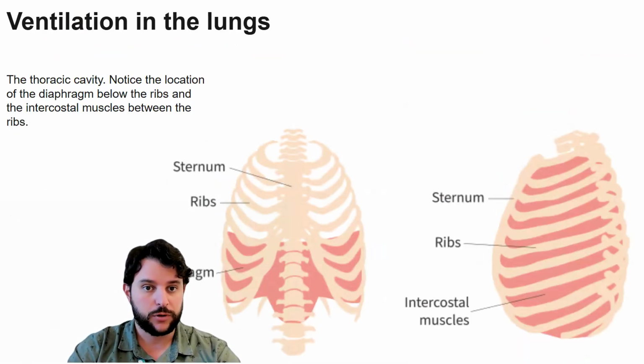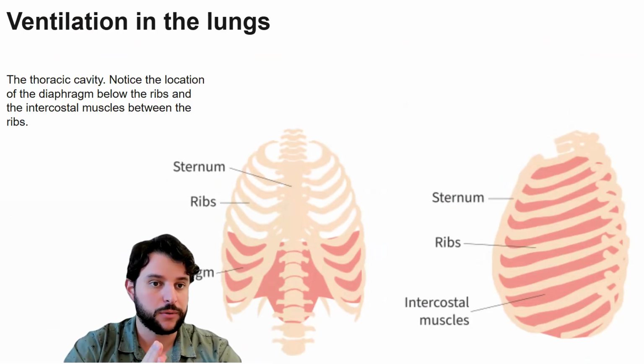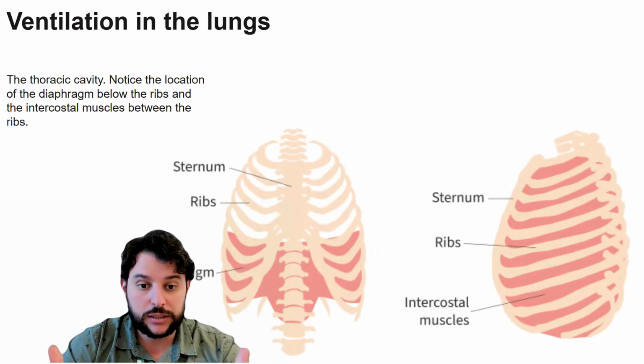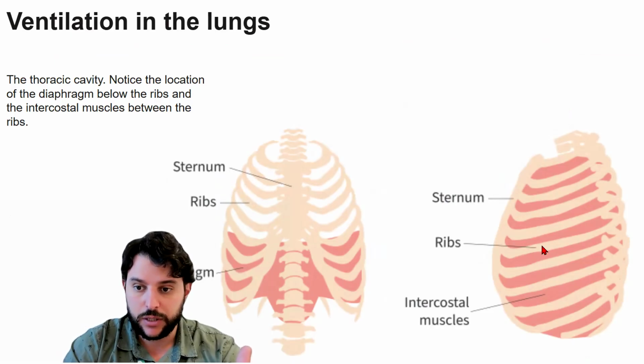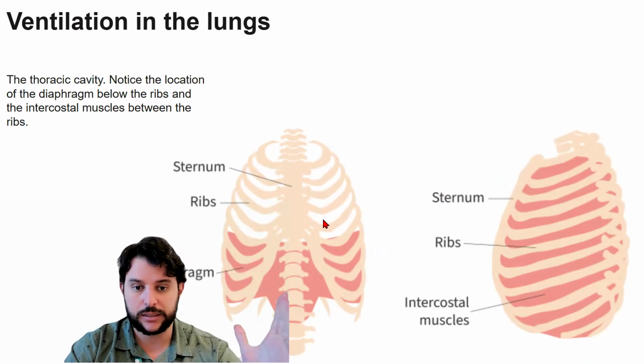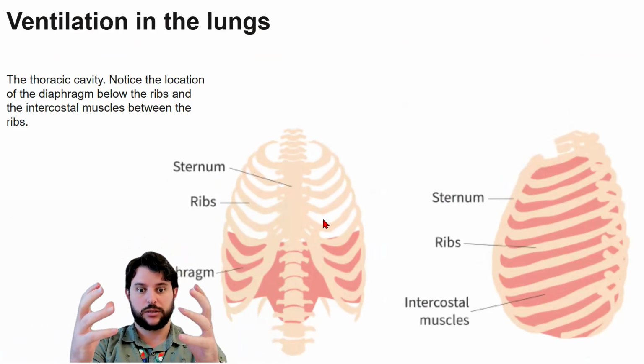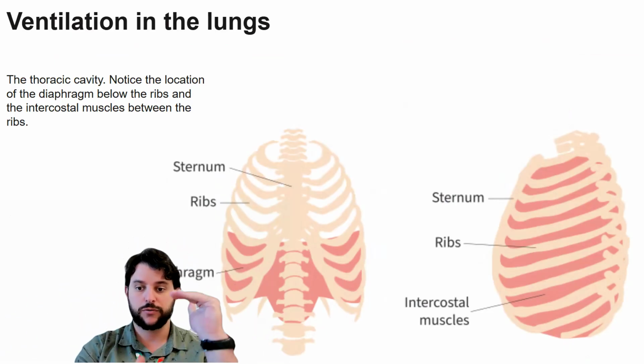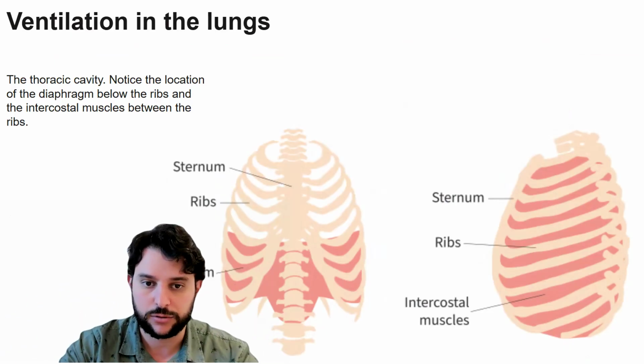Moving forward, we have ventilation in the lungs. We're almost finishing the standard level component of B3.1. Ventilation in the lungs is mainly created by the diaphragm, the intercostal muscles and the ribs, as they increase and decrease the space and the pressure, you're going to ventilate, breathe in and out.